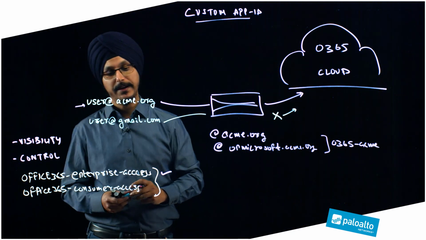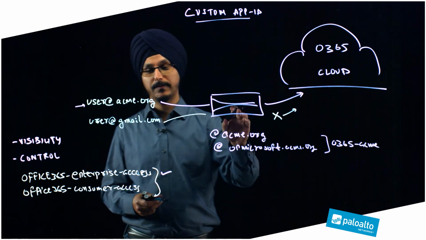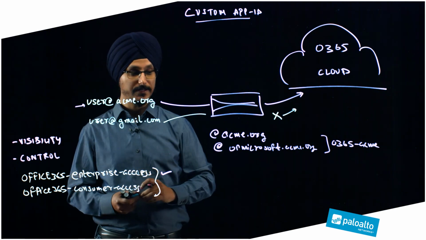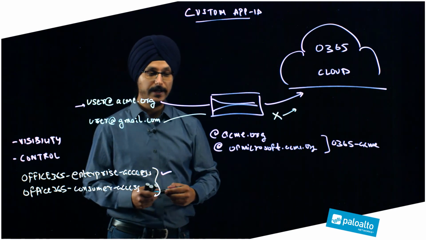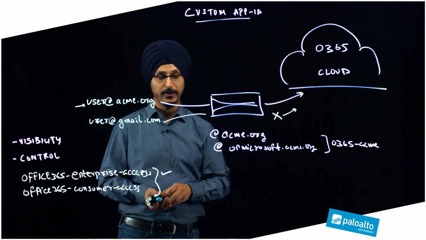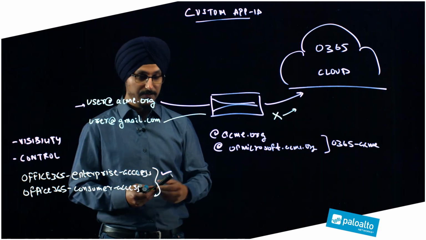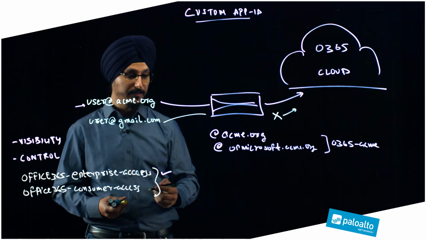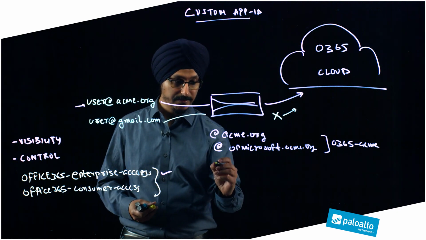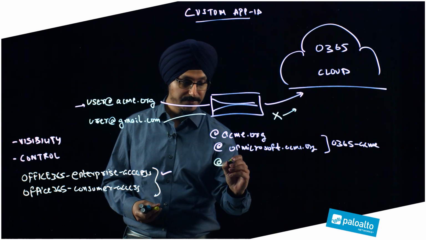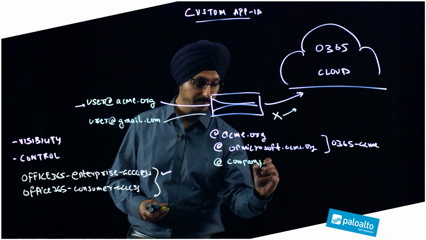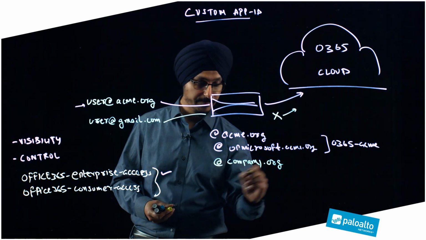Once this custom app ID is created, you can actually use it in your policy, and you'll have visibility, and you can control access to only these. If you have another organization that you want to allow access to, so imagine you have someone visiting from a partner company called Company Y, and their login to Office 365 is company.y.org.